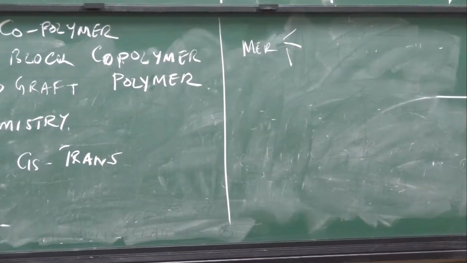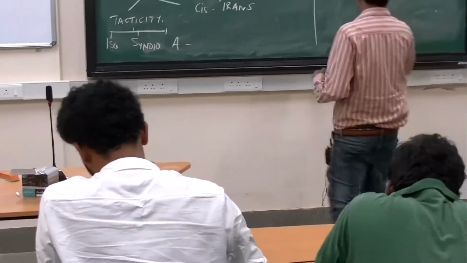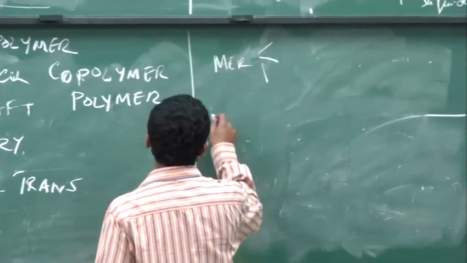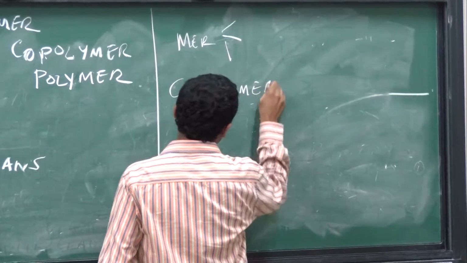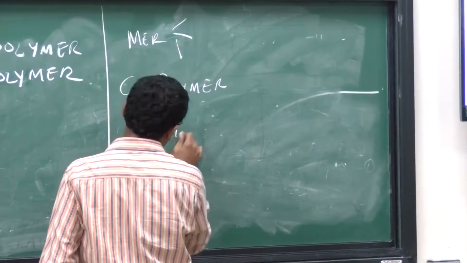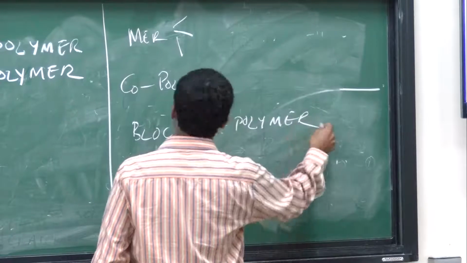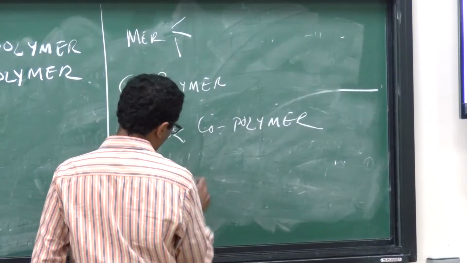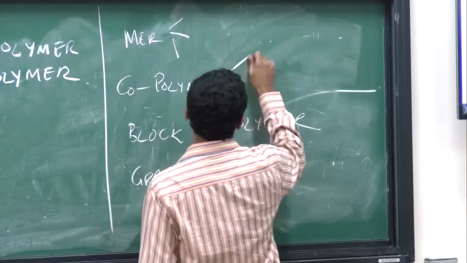Identify 2 or 3 things associated with mer, 2 or 3 things associated with block copolymer, and then graft polymer.